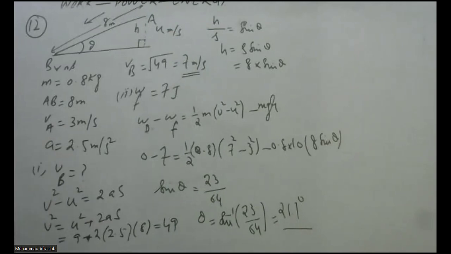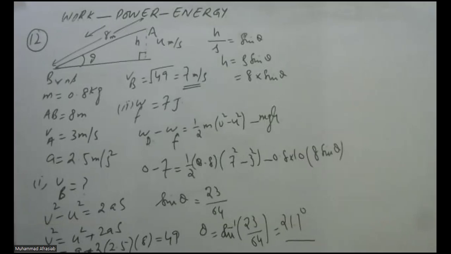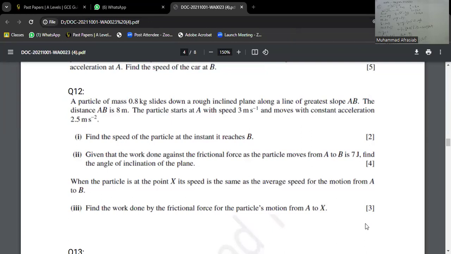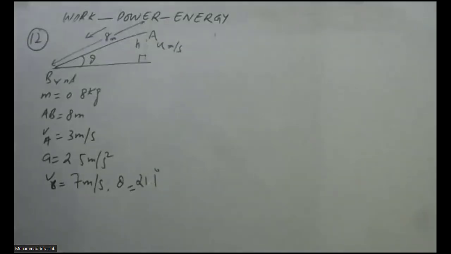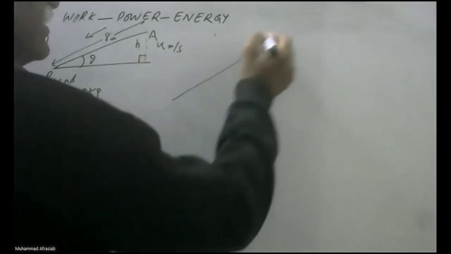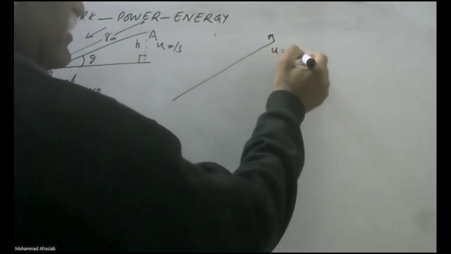Now, the last part of this. When the particle is at a point X, its speed is the same as the average speed of the motion from A to B. Find the work done by the frictional force of the particle motion from A to X. In this last part, it starts from A, where u is equal to 3 meters per second.